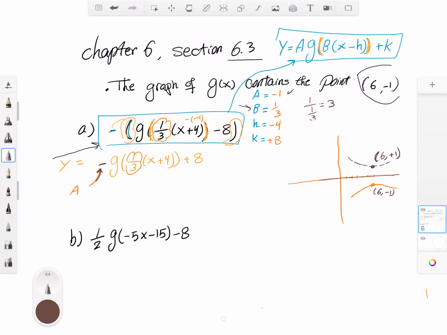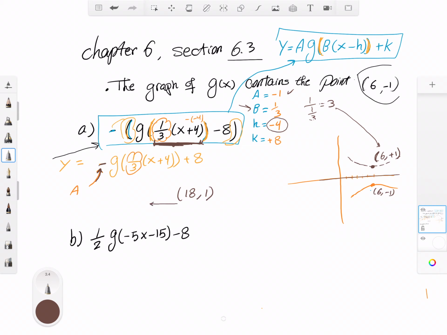So this will multiply the x value, 6, by 3. We're going to have 18, comma 1. Anything that happens inside of the function, we apply to the x-axis. So we took care of B.